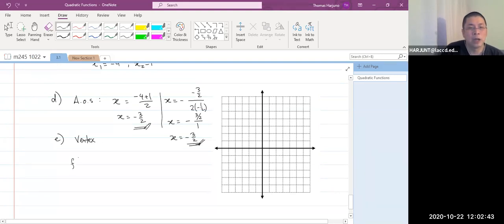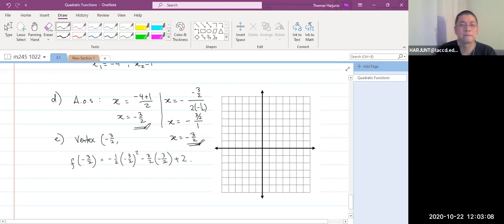But for the vertex, I need to plug in the x component of my vertex, which is known from the axis of symmetry, into the function negative 1/2 x squared minus 3/2 x plus 2. This will be negative 1/2 times 9 over 4, minus, no, this is plus 9 over 4 plus 2.